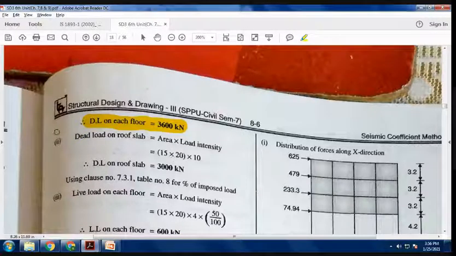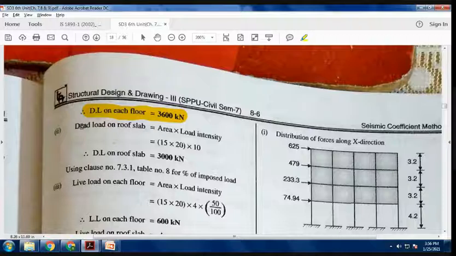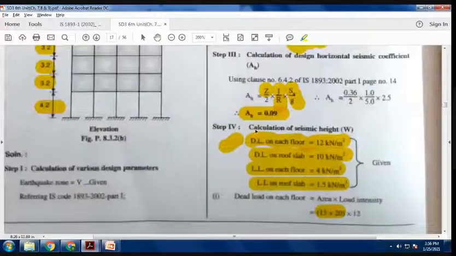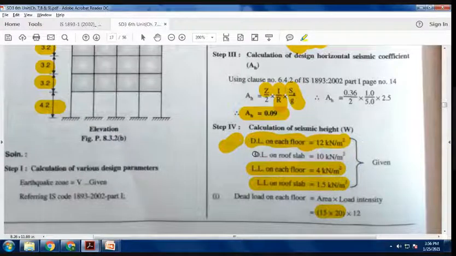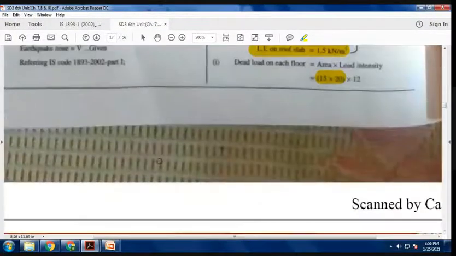Next, dead load on roof slab. So first we will finish the dead load and then we will go for the live loads. Here he has given dead load on roof slab, how much? 10 kilonewton per meter square.